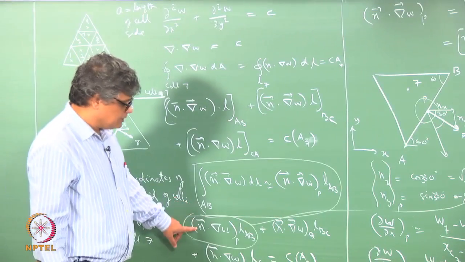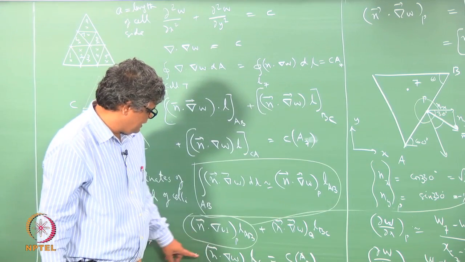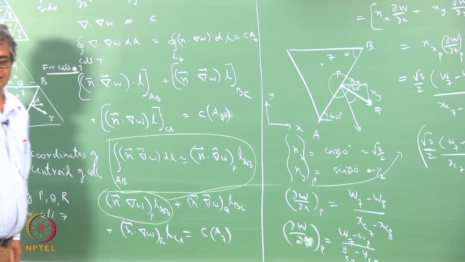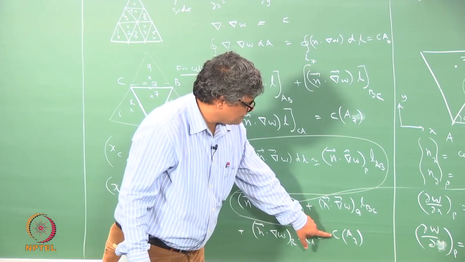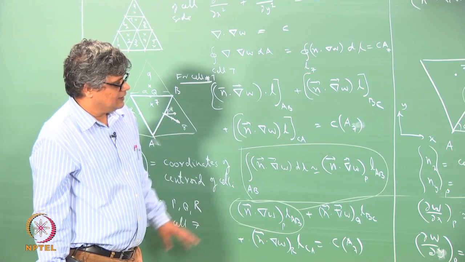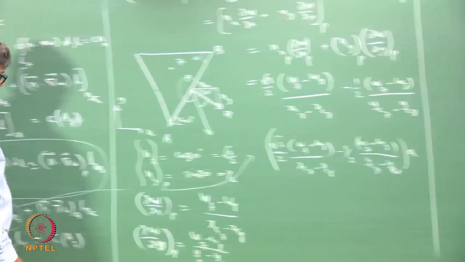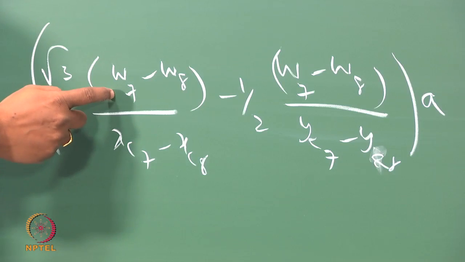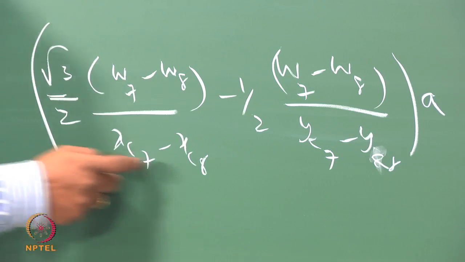Okay. We similarly evaluate this quantity over cell side B, BC, and this quantity over cell side CA here, and then we can work it out. We can add all the three, and we put that equal to C times area of the cell. Okay. So, let us just do that, and we can already see that the evaluation of this term has introduced the values of W7 and W8 and the coordinates.